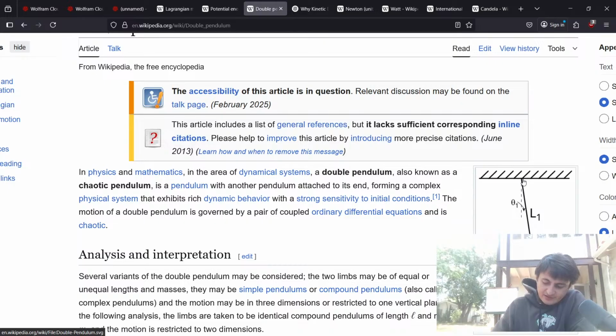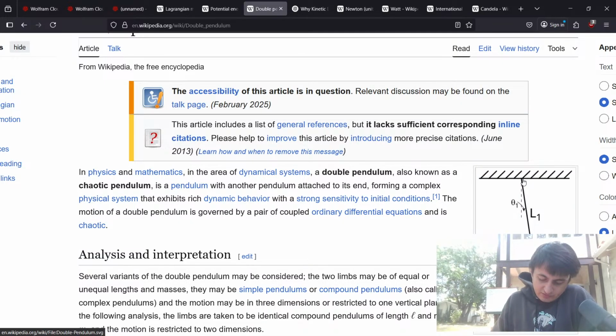Let's just talk about a single pendulum. If L is the length of the pendulum, then pointing straight up it has a distance of 2L from its rest position.